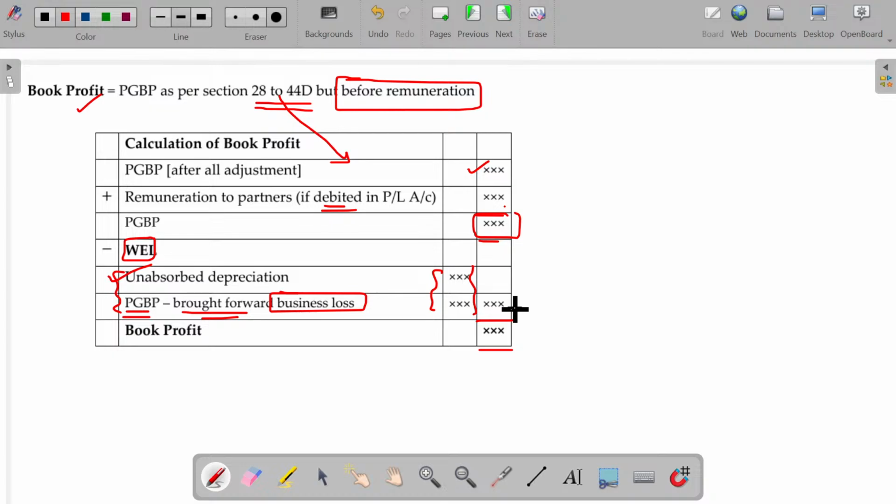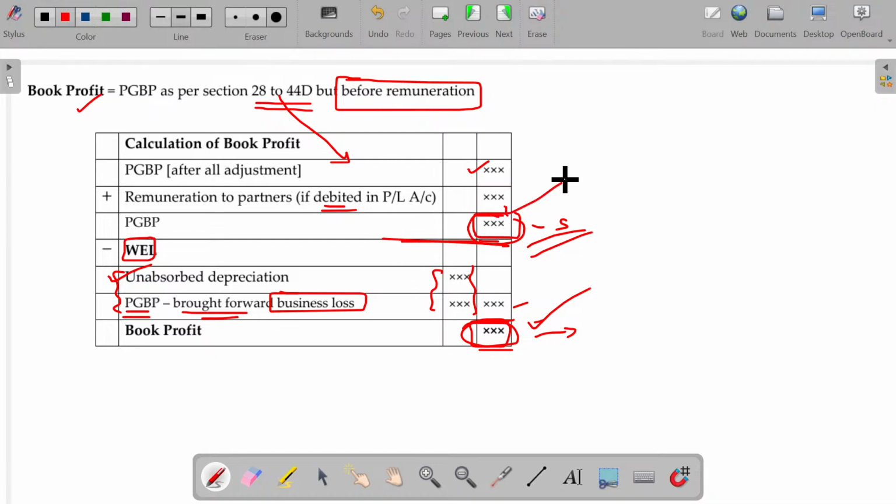Between these two, whichever is lower is deductible to arrive at the book profit for the calculation of salary. Salary will be calculated on this. Later on, from this, that salary is subtracted to find out the taxable income for the business. For the salary calculations only, this profit matters, not this profit.